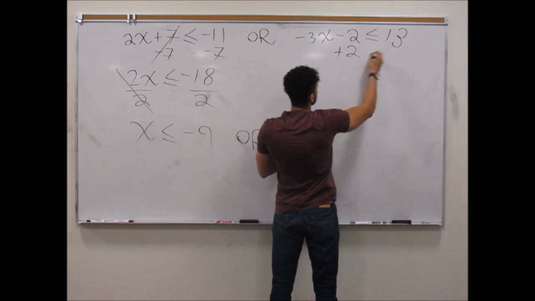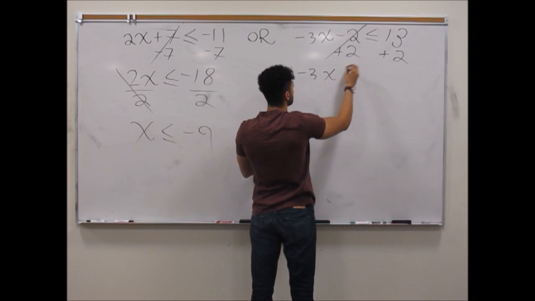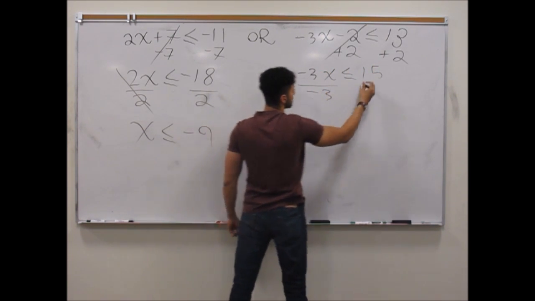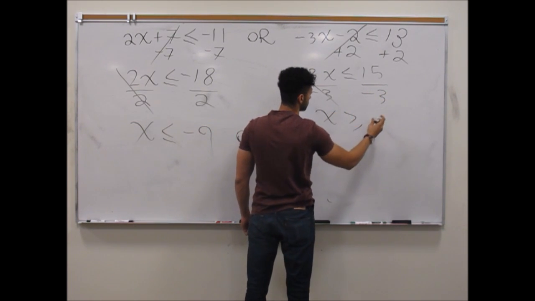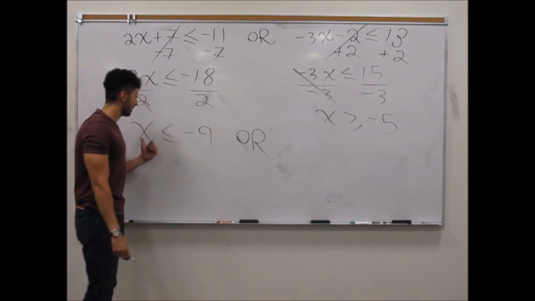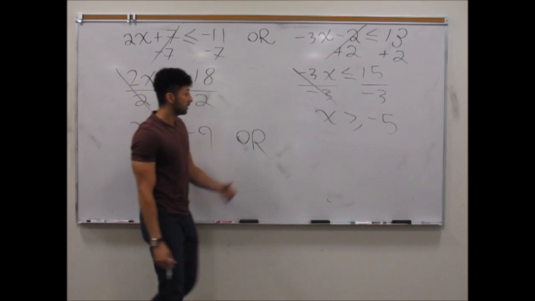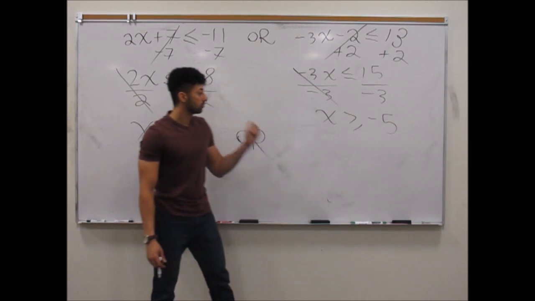Add the 2 over. Dividing by a negative is going to cause that sign to flip. Alrighty. So we get values of x that are less than or equal to negative 9, so they're going to the left. And then we get x values that are greater than or equal to negative 5, so they're going to the right.